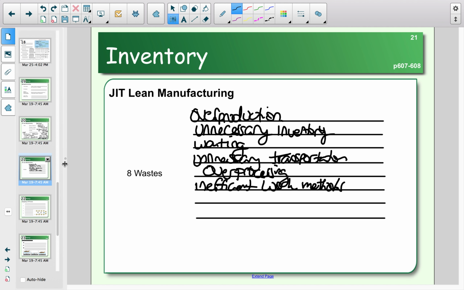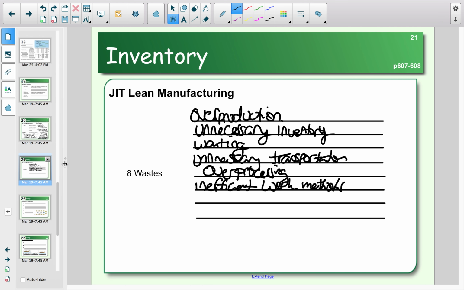Because we are pulling our inventory from wherever it's being processed to where it needs to be next, we can't have delays. We can't wait, and inefficient work methods create the waiting, create the delays. If we have to wait for product to be made, then that's time wasted.